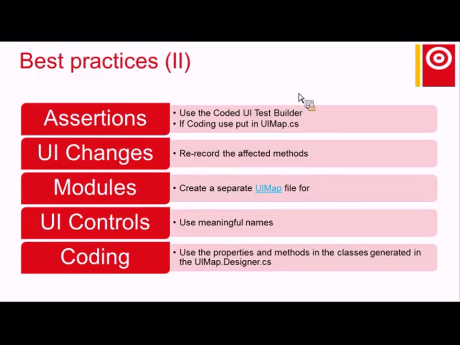When a UI changes, we might have to re-record methods that are affected. Now, Visual Studio, with the coded UI system, goes to quite a lot of effort to try and isolate the test from the very fine details of the user interface.